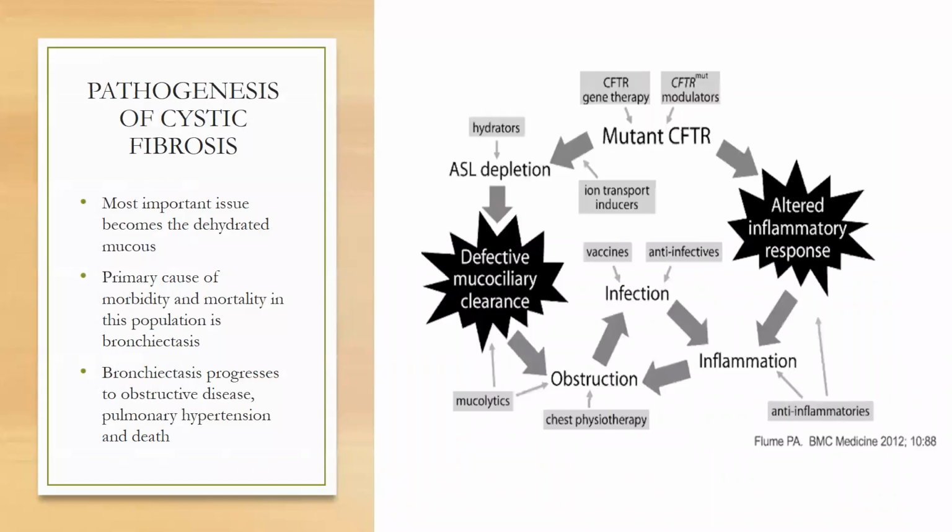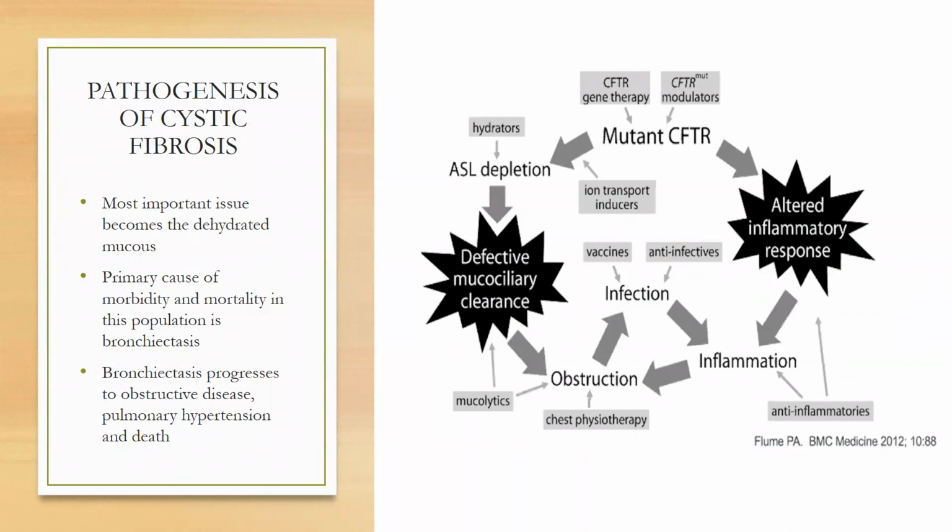So what is the pathogenesis of this disease? It's important for us as pulmonologists because this dehydrated mucus is what causes the majority of morbidity and mortality in these patients. This decreased viscosity leads to impaired mucociliary clearance. At that point, you're going to have more persistent bacterial infection.